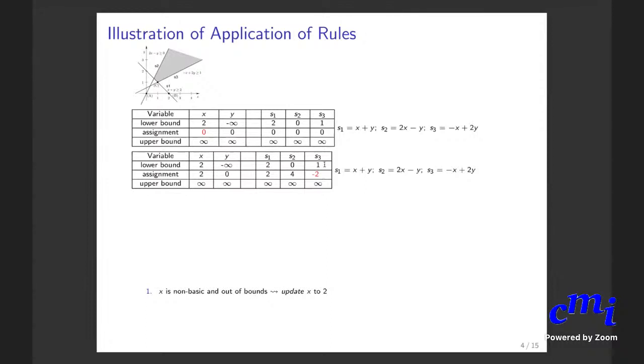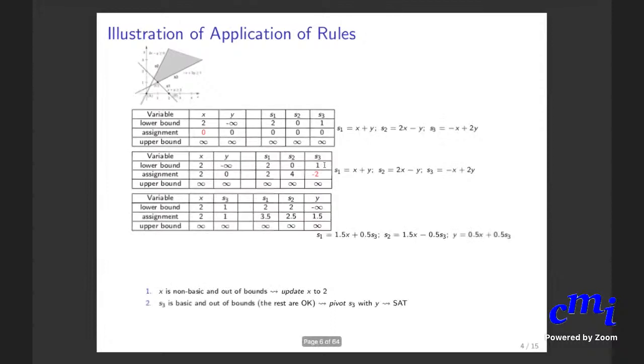It violates its lower bound. Then you pivot S3 by choosing a non-basic variable. Here, of course, that has to be done as per the variable ordering, which I haven't shown here.